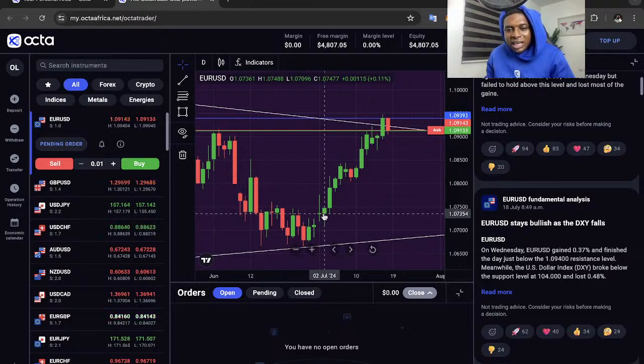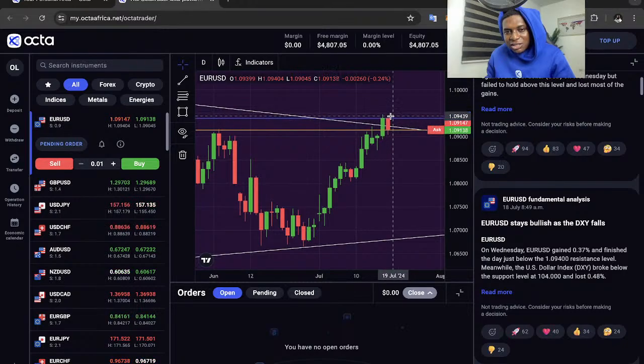So the last 12 candles on this higher time frame, which is the daily, have not gotten to this level before. This level has not been achieved in the last 12 candles. Quite significant to say that there would be a retracement at this level.